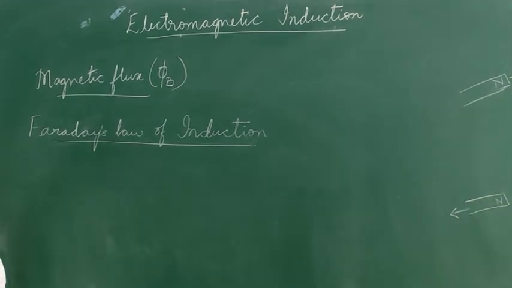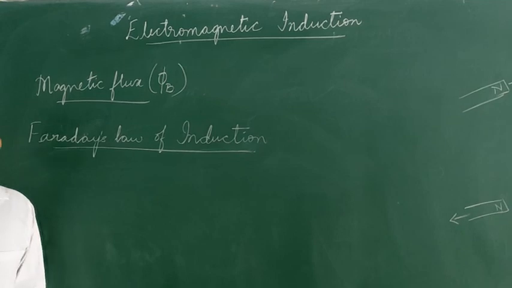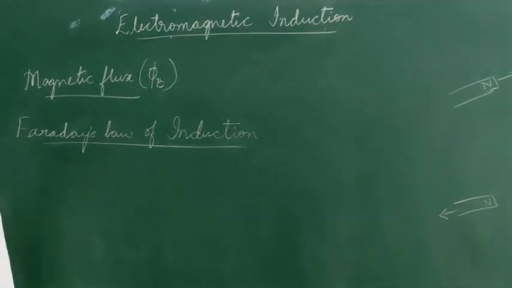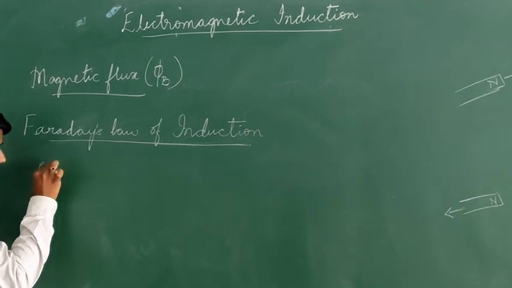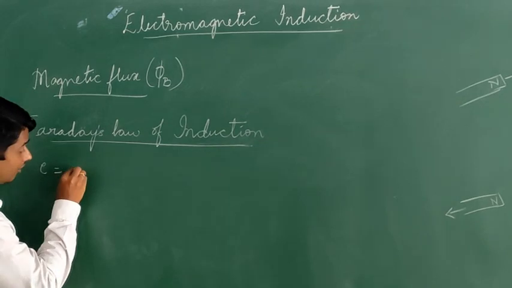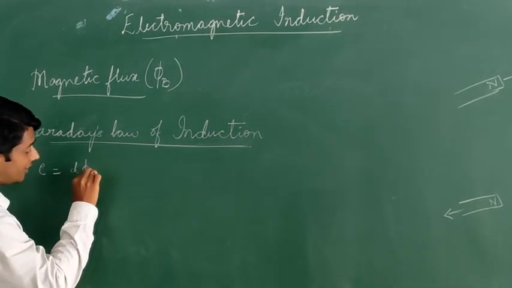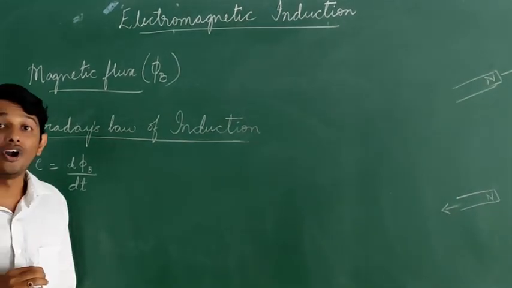Faraday gave a law to this induction or electromagnetic induction. It states that the magnitude of the induced EMF is equal to the time rate of change of magnetic flux that is present in the circuit or coil.